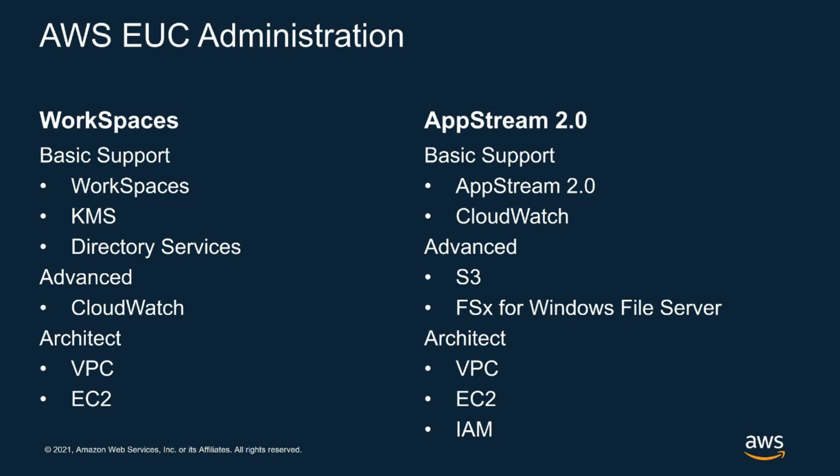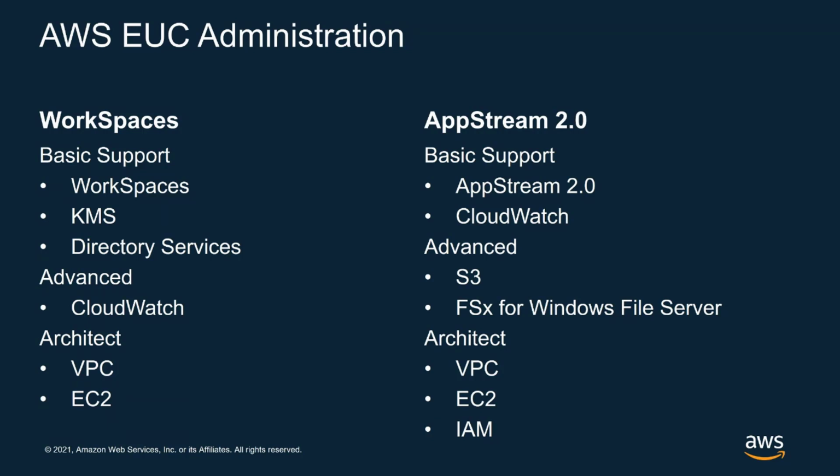The implementation of SAML 2.0 identity providers necessitates that you establish that trust with IAM. Additionally, IAM can be used for service roles because just like EC2, AppStream 2.0 will allow service role access. I know what you're thinking.